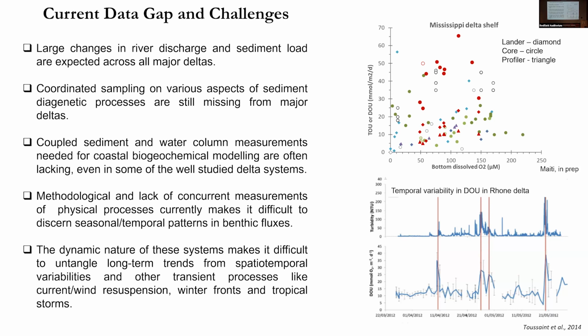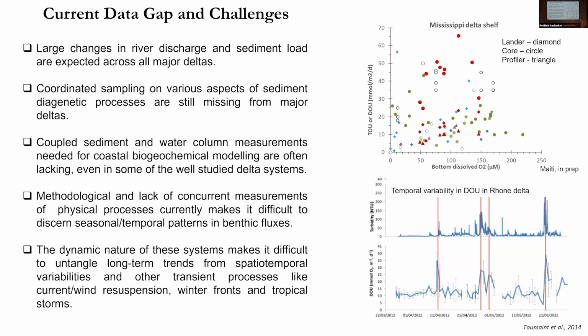So what would be the slope of the line if you want to use the bottom water concentration as a proxy for sediment oxygen consumption? The different models rely on different relationships between these two to translate these hypoxia models. But if we had coupled measurements, I think that would really help progress the modeling of these systems.